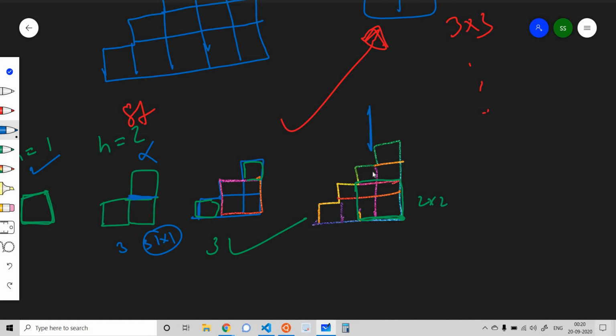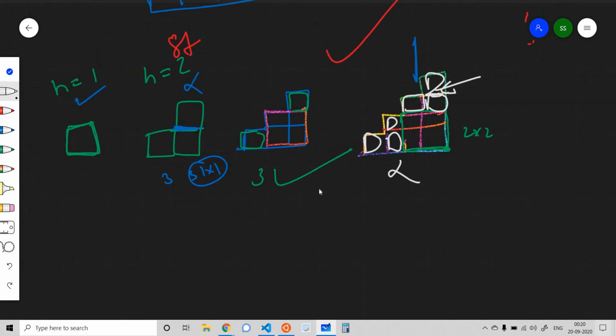Then if we try to fill up this place, we can only fill it using 3 squares of 1 by 1, and this does not satisfy our property, as squares of the same size are having a common side. So this is not a nice staircase.